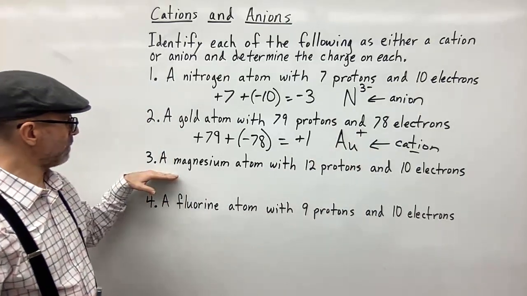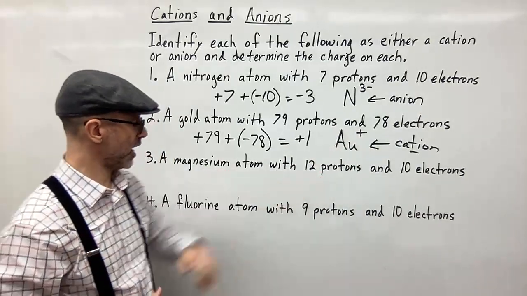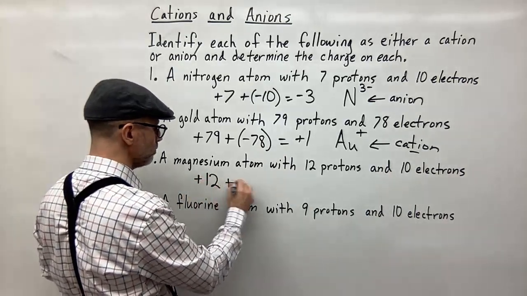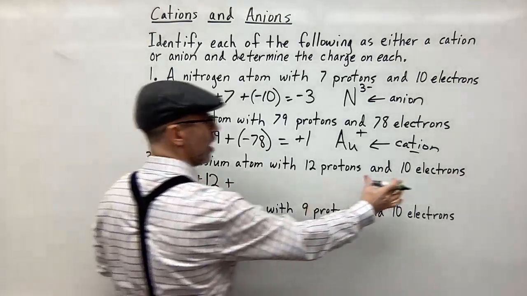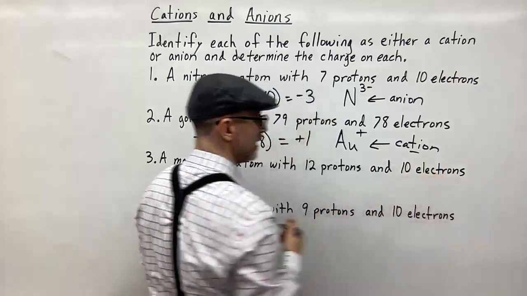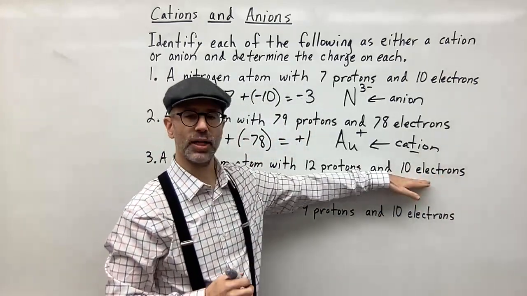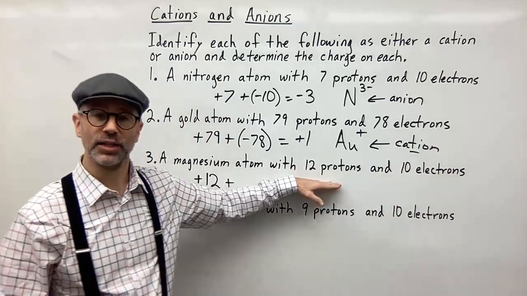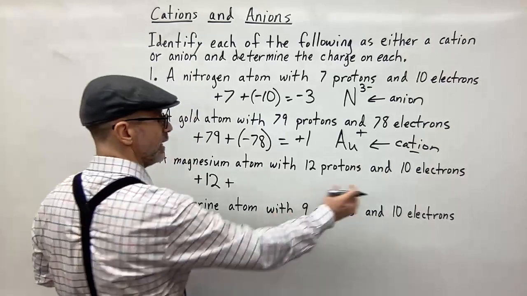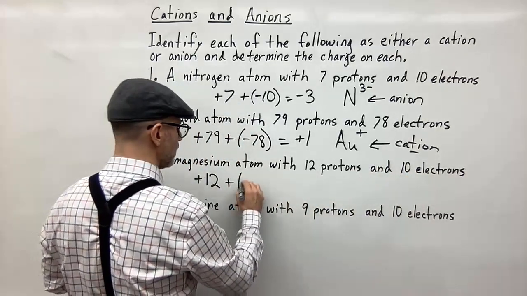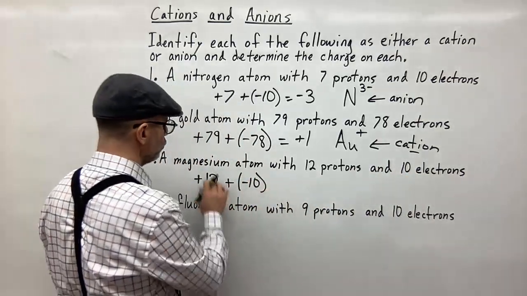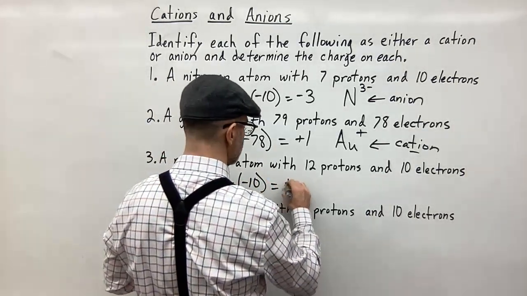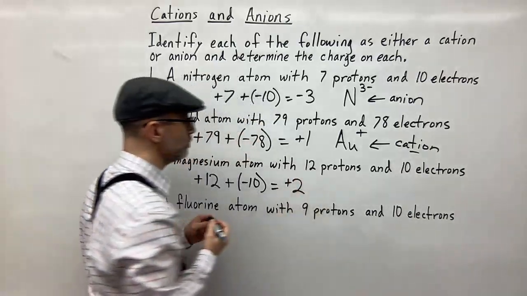Next, we have a magnesium atom with 12 protons. Each proton is positive, so that's a +12. And we're going to add to that our negative electrons. We have 10 negative electrons. Notice that we have fewer electrons compared to protons, so we're going to end up with a positive charge again. Each electron is negative, so that's going to be -10. So +12 plus -10 gives us a +2.